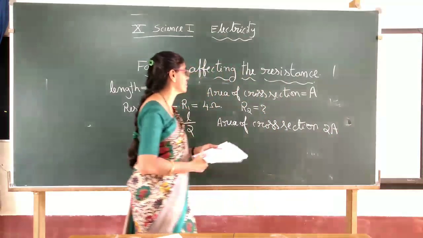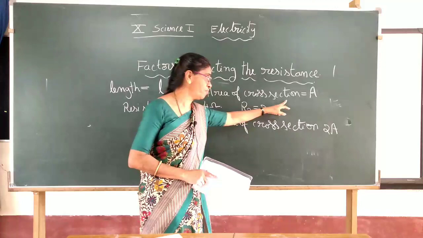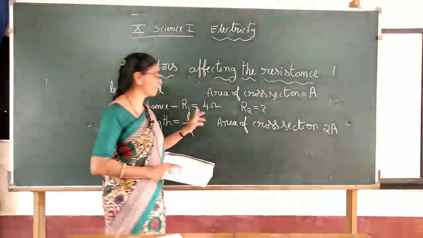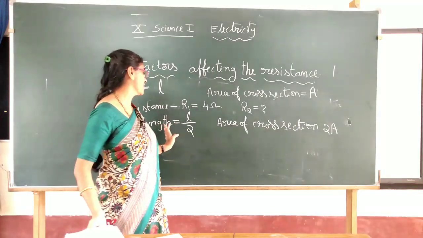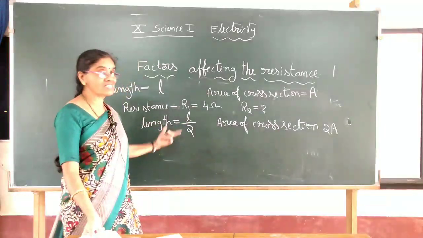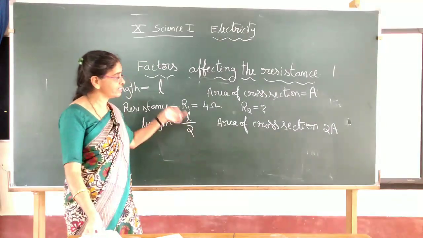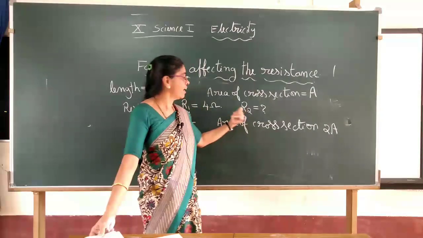In the first case, length is L and area of cross section is A, and resistance R1 is 4 ohm. Now in the second case we have to find R2, with length L by 2, same material, and area of cross section 2A. Now, how to find R2?